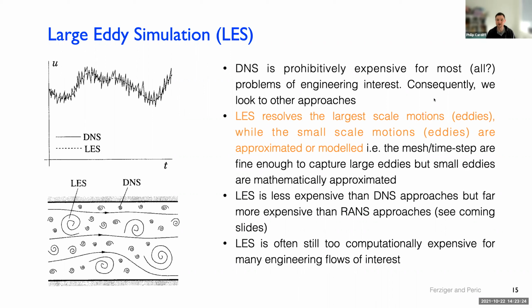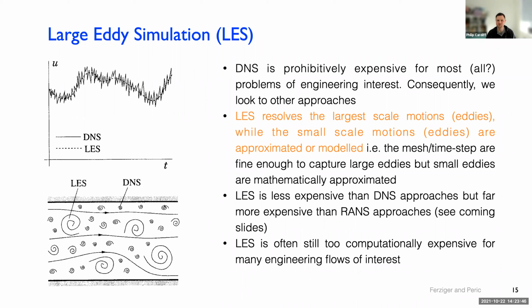They include some complicated mathematical terms that they add to the momentum equation, or to the Navier-Stokes equations, to account for the effect of these very small eddies that we're not directly simulating. If you monitor a flow like this, you'll have larger eddies and then the tiniest ones.